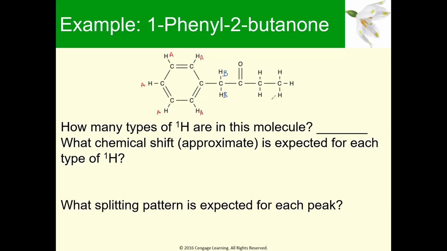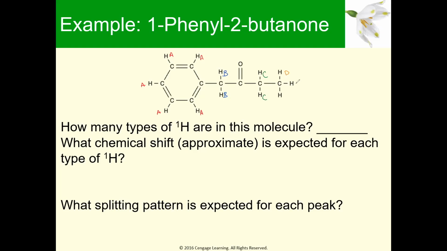Now, similarly, this CH2 group right here is a unique type of hydrogen because on its left side it has a carbonyl, and on its right side it has a methyl group. So we'll label that as hydrogen C. And then finally, these hydrogens over here in this methyl group are unique.